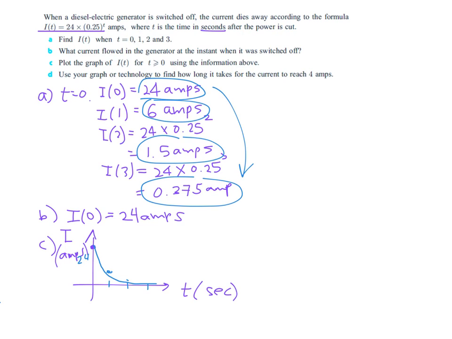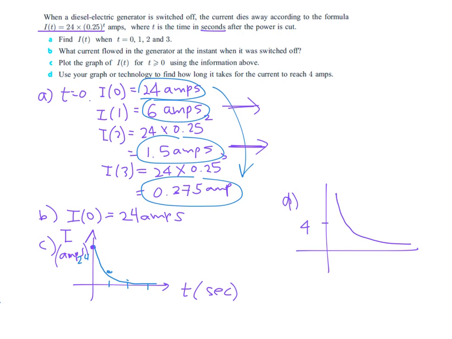Use your graph or technology to find how long it takes for the current to reach 4 amps. So if I were to graph this, I know that the general graph of this formula is decreasing, and when it's 4 amps, that must be between the first and second seconds, right?